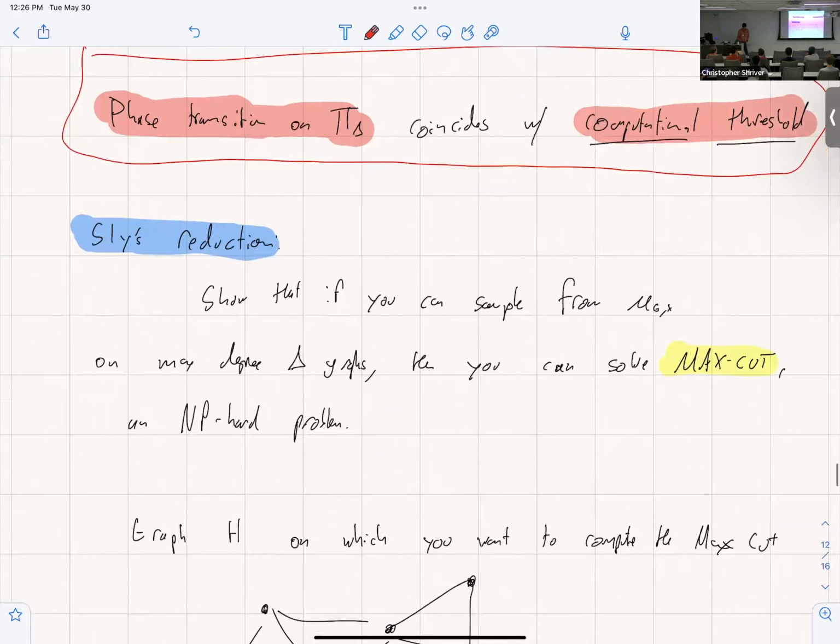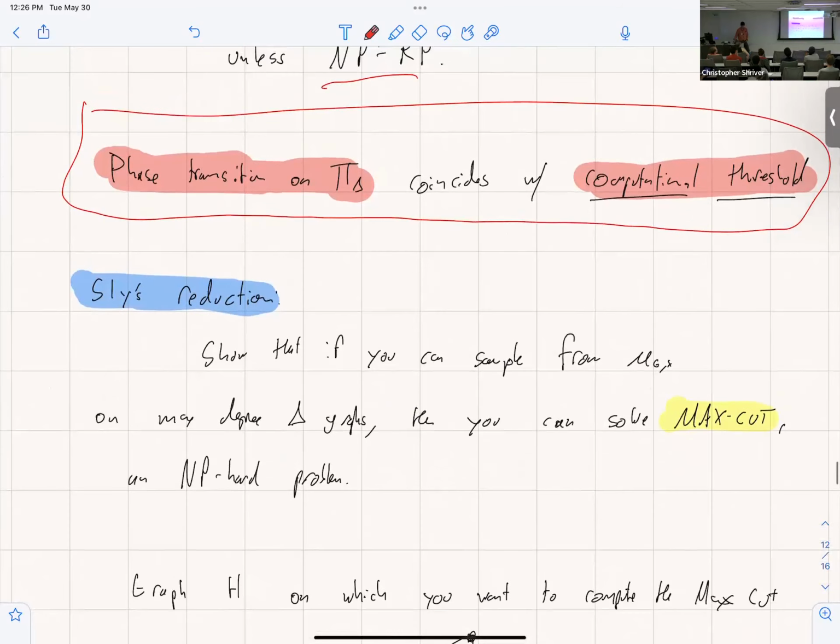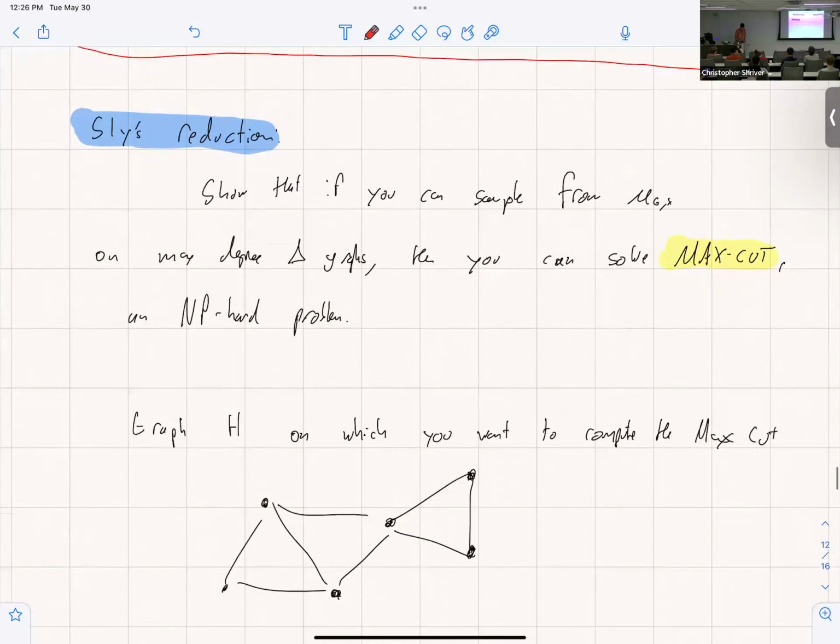But the hardness side, what he's going to show is if you can sample from this hardcore model on a max degree delta graph for lambda greater than lambda critical, then you can solve max cut on an arbitrary graph. So max cut, finding the cut that cuts the most edges in a graph. This is an NP-hard problem. And so if you know that if you can sample, you can solve it, then NP is RP.